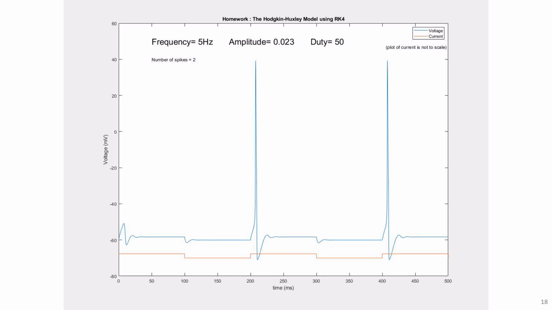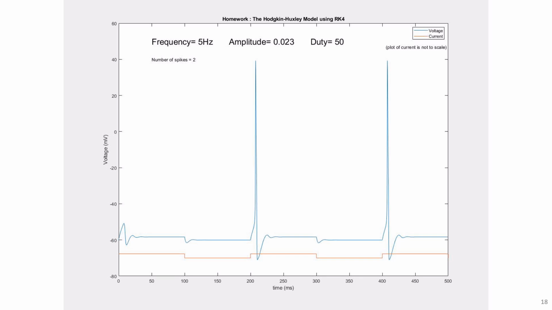So I fixed the amplitude based on part one, as suggested in the homework as well. My first spike on my DC current was at about 0.023, or 0.024, so I could have used any value, but I used this value and fixed the amplitude.